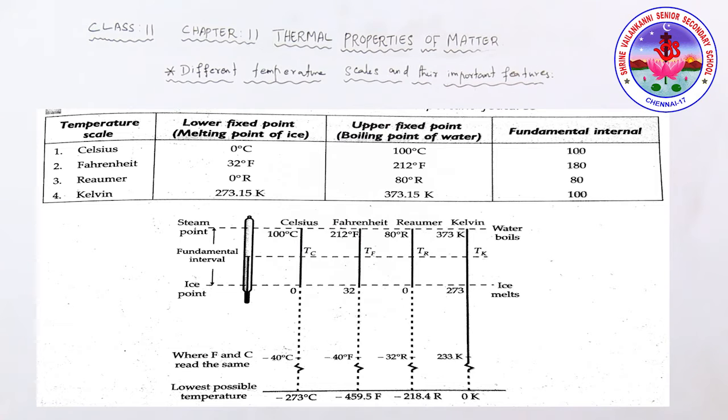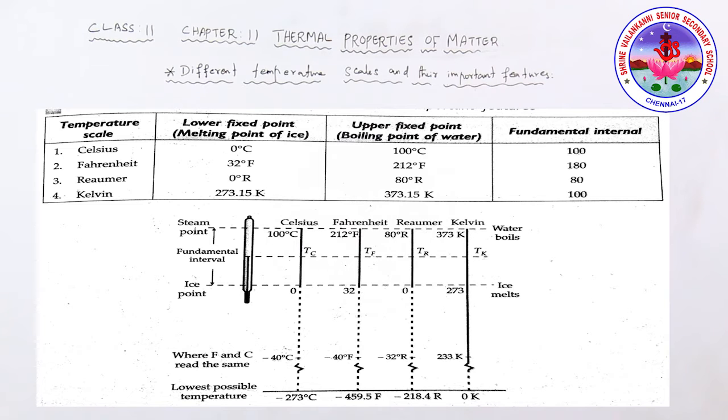These are all the temperature scales: Celsius, Fahrenheit, Reaumur and Kelvin. For Celsius, the lower fixed point, the melting point of ice, is 0 degrees Celsius, whereas the upper fixed point, the boiling point of water, is 100 degrees Celsius.